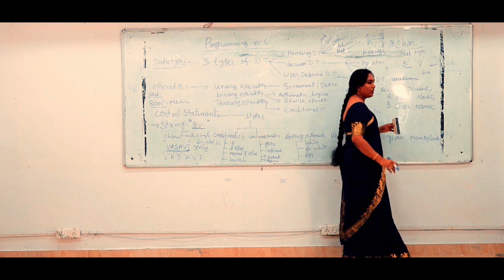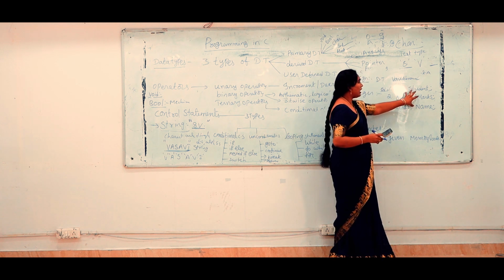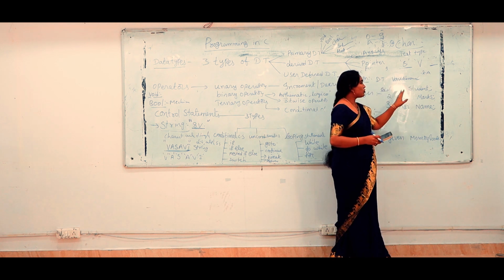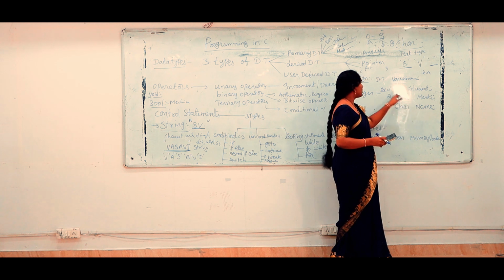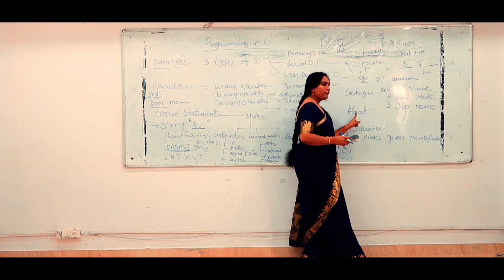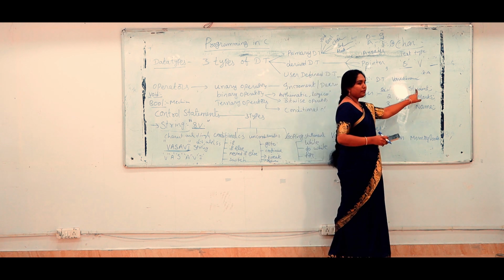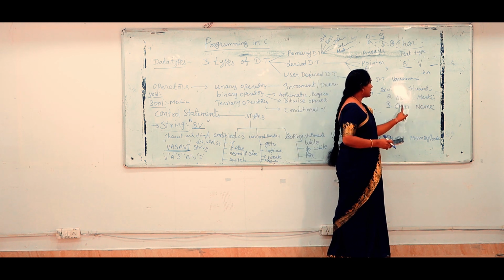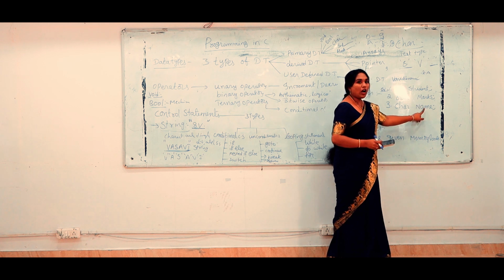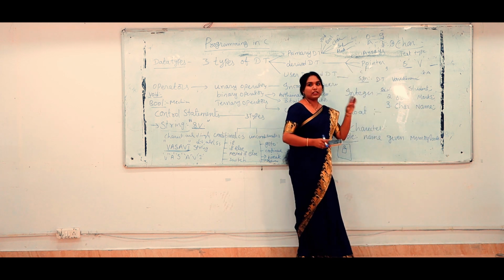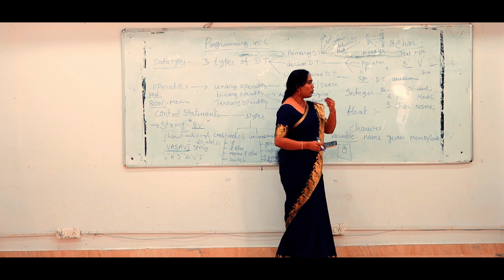Okay, you understood what variables I gave? Three types of variables I declared here by using different data types: integer, float, and character. Int student, float marks, char name. Now how many variables do we have? Three variables. What are those three?